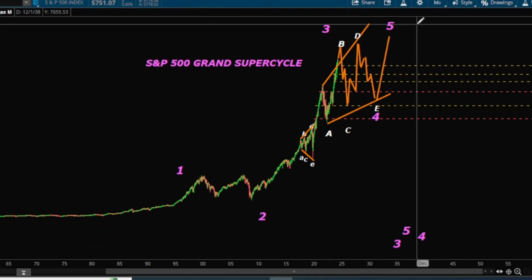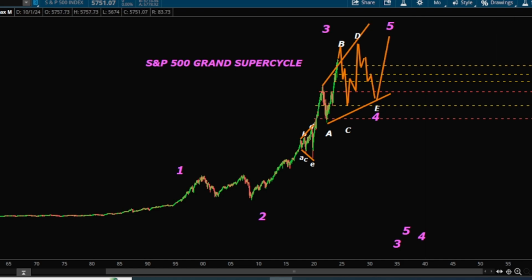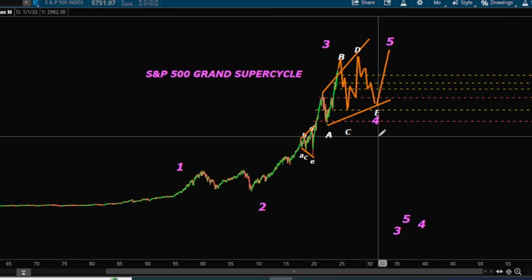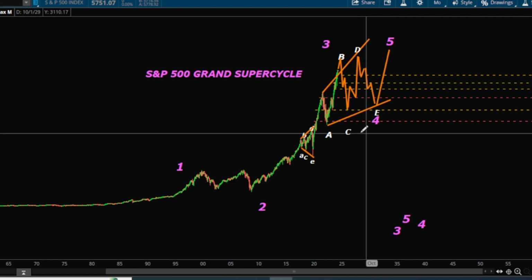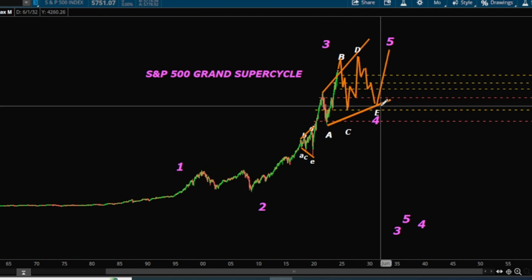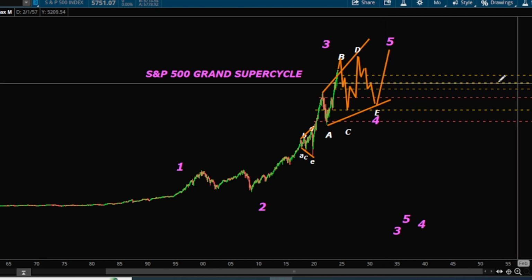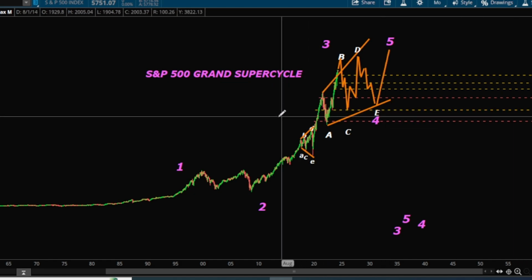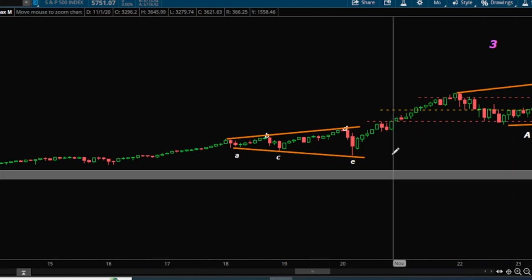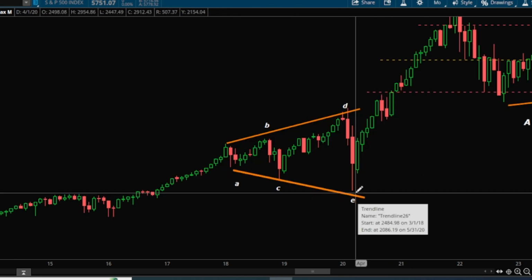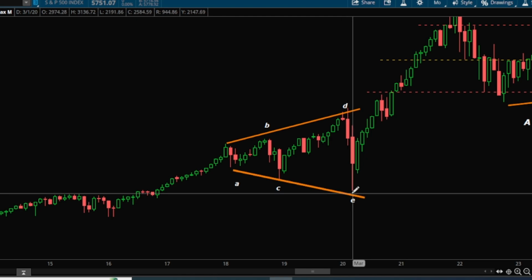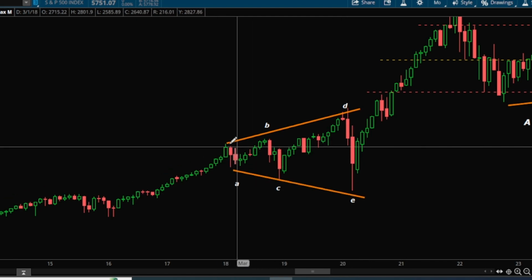That's one count. Now, a lot of fourth wave corrections can be triangular patterns, which are A, B, C, D, E. Those are labeled triangles, okay? Back even here, during COVID, but before that, back in 2018, we started a triangle pattern.